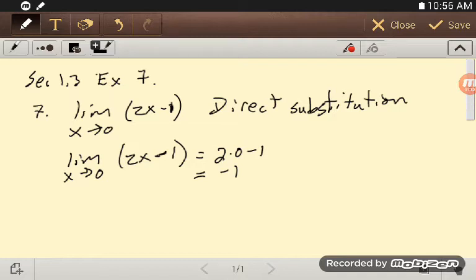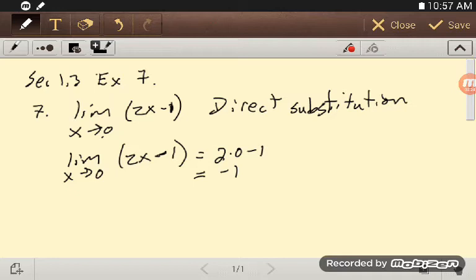You need to be able to put in numbers that are less than 0 in this case, and head toward this value of negative 1, and you have to put in numbers greater than 0 and head down towards 0, in which case the evaluations also have to head to negative 1. So in this section, they really are all possible by direct substitution.